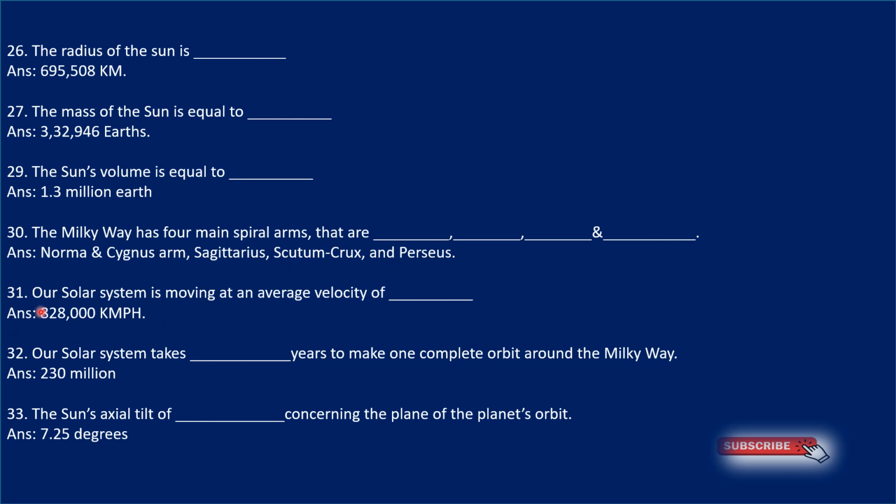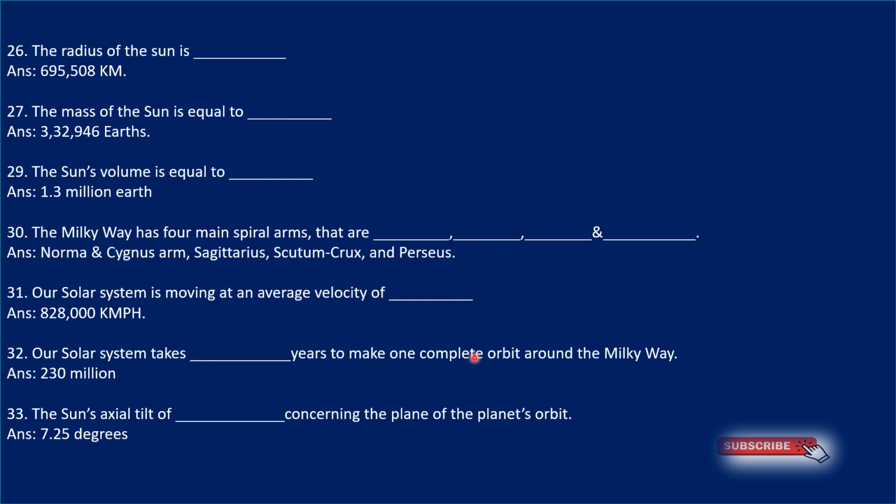Now, the next point is that our solar system is moving at an average velocity. The speed of our solar system in the Milky Way is 8,28,000 km per hour. And the next very important point you have to keep in mind is that, just like our Earth revolves around the Sun, our solar system is also revolving around the Milky Way galaxy.